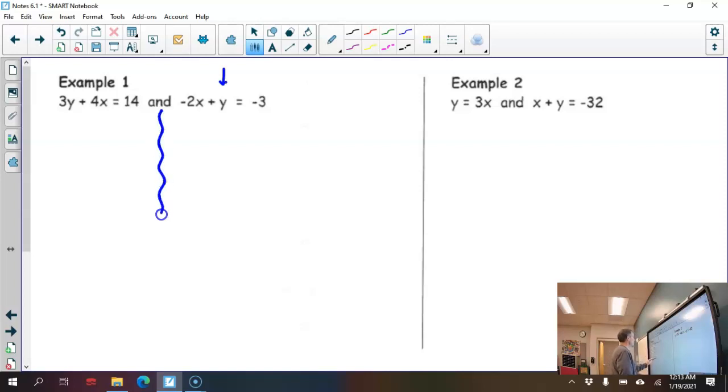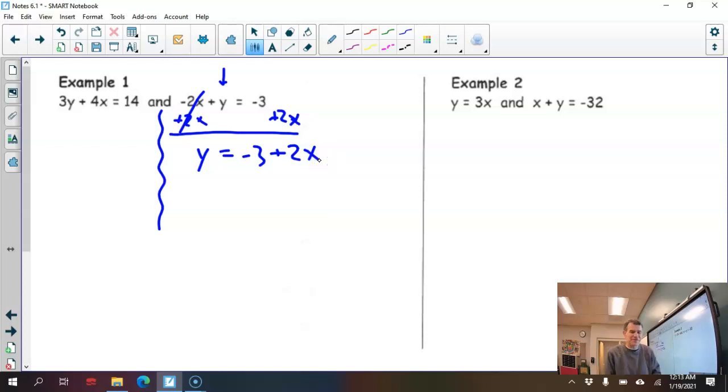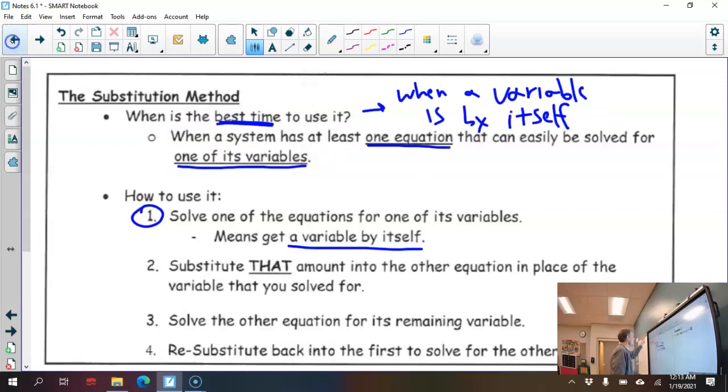I like to draw a little line down the middle between the two equations to separate them. Then here I would add 2x to both sides. And when I do that, the y is now by itself. That is step 1. Step 1 is to solve one of the equations for one of its variables. That just means get a variable by itself.